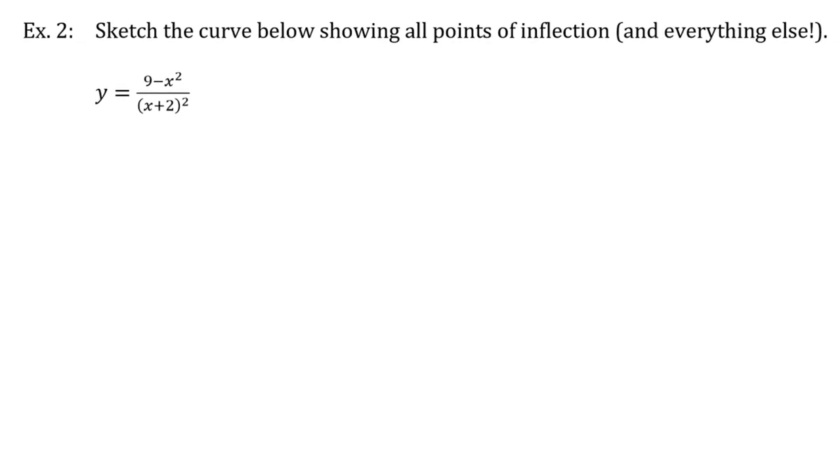Sketch the curve below showing all points of inflection and everything else. Intervals of concavity, increase, decrease, critical points, intercepts, asymptotes. I didn't write it all down, but I said this the other day. Sketches always include all those things. And now they also will almost always include points of inflection as well.